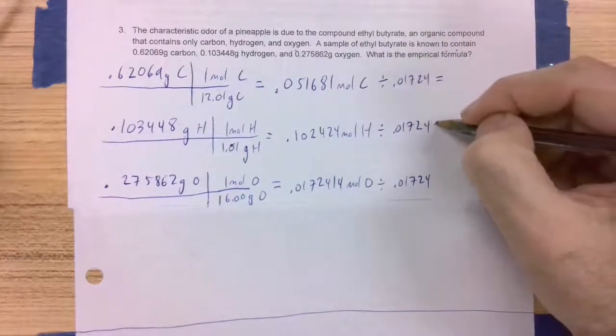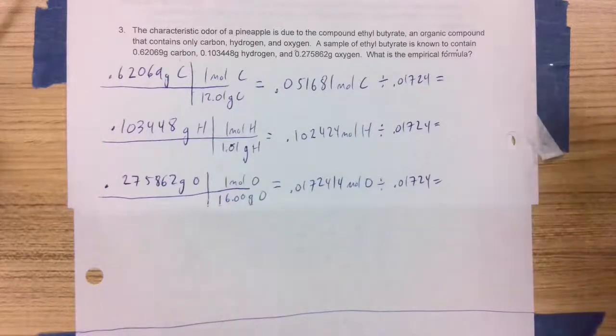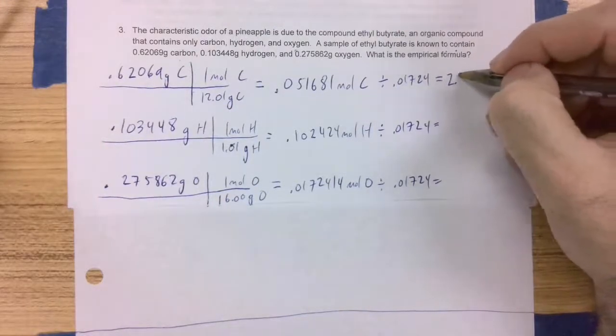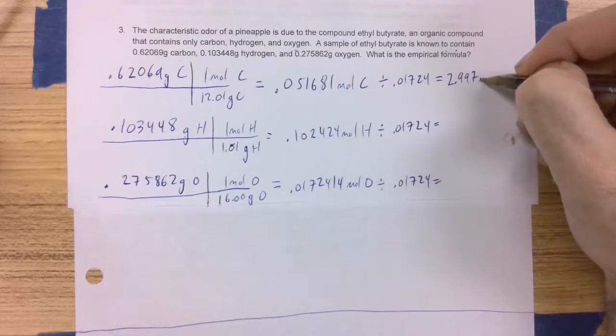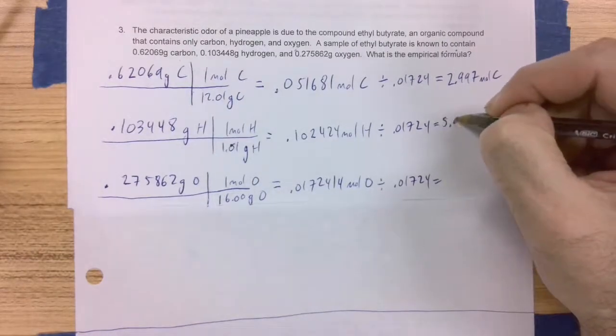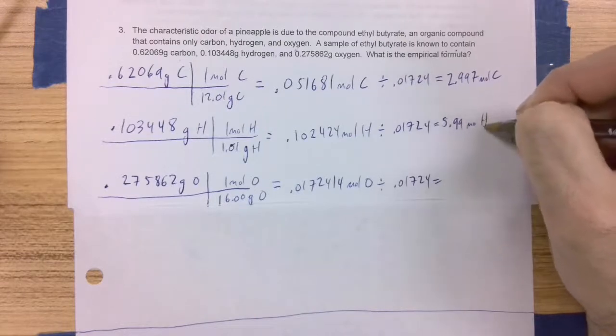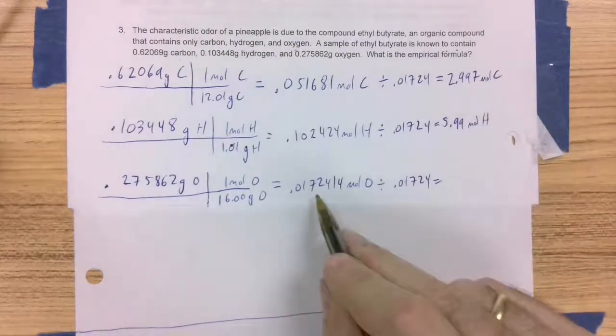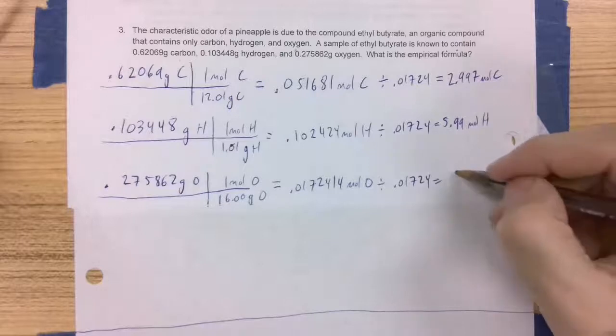I'm going to type them all into my calculator, and my calculator told me that it was about 2.997 moles of carbon, approximately 5.99 moles of hydrogen, and of course, if this number is divided by itself, 1 mole of oxygen.